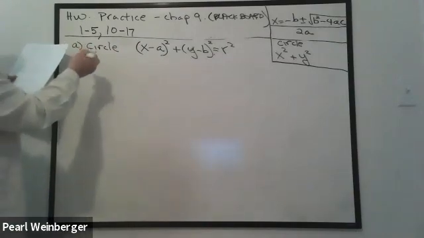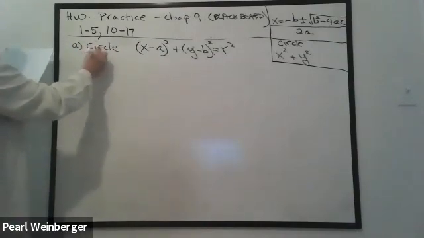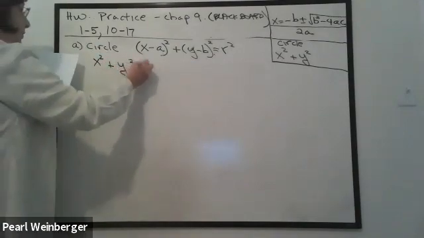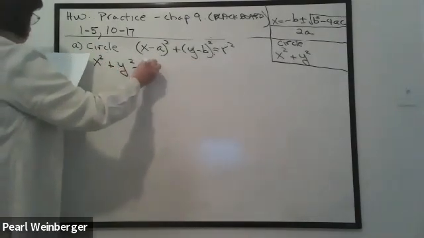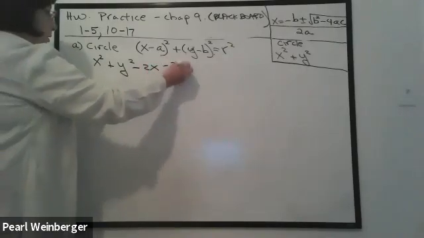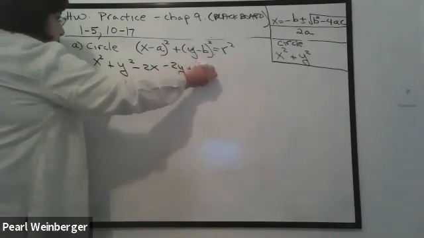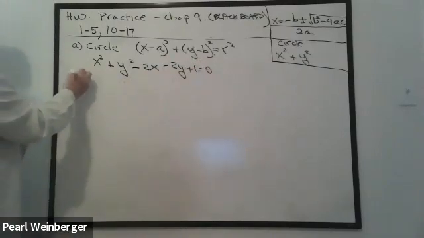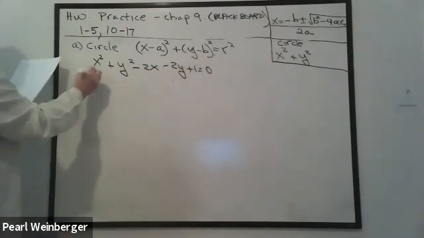Here's my equation. x squared plus y squared minus 2x minus 2y plus 1 equals 0. And here are your choices for the right answer.